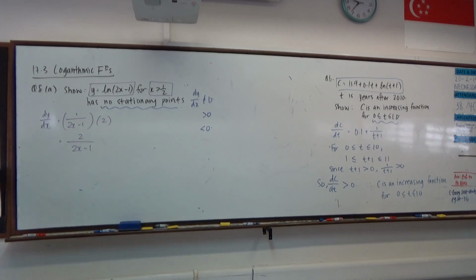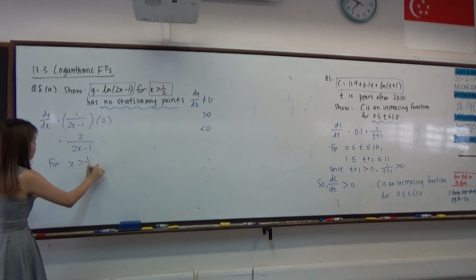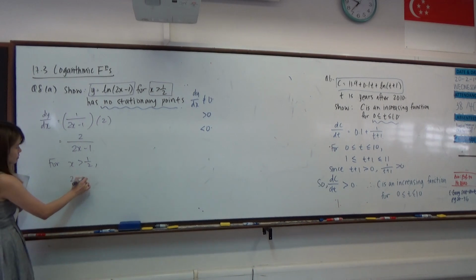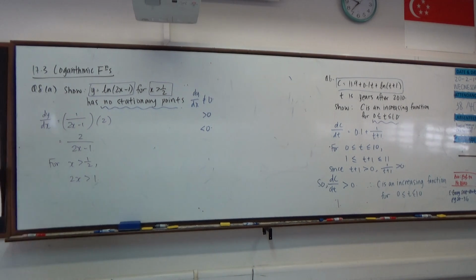So now we make use of the next given information. For x more than half, what exactly will happen? What do I want to manipulate? How do I want to manipulate x more than half? I want to reach the 2x minus 1, right? So I times 2. 2x is more than 1.